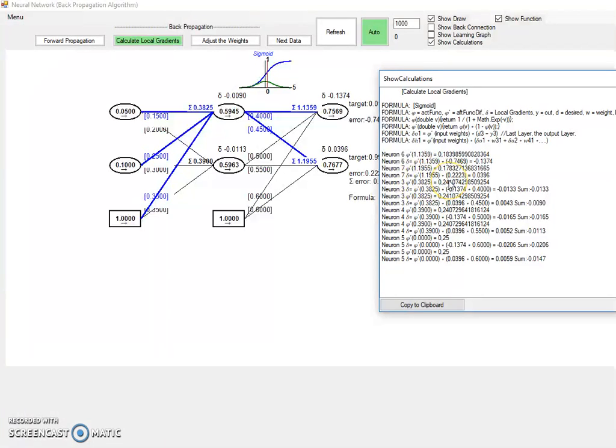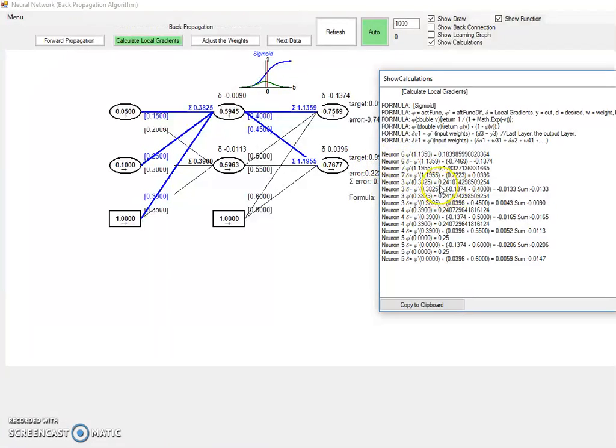Okay, and now after that we have to calculate. So now that we know the differentiated value of the function here, it is this rate of change times the weight. You can see that here.